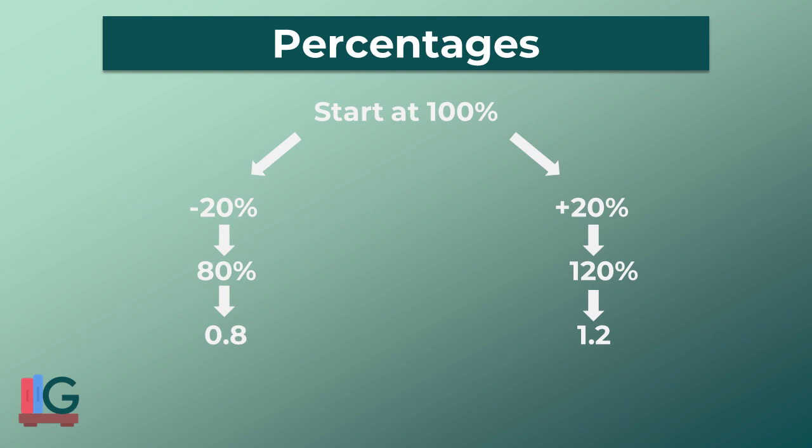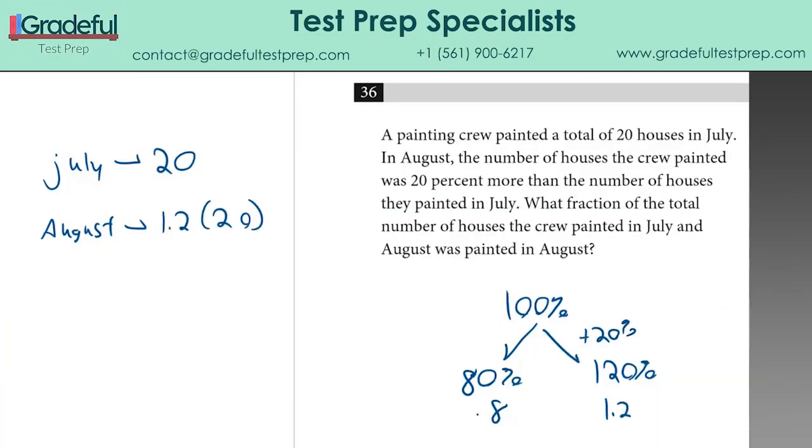If I added 20, I would get to 120. If I took away 20, I would get to 80. And you put them both in decimal form, and you get 1.2 or 0.8. So if I add 20% to something, it's the same as multiplying it by 1.2. And if I take away 20% from the same thing, it's like multiplying it by 0.8. So we multiplied it by 1.2, and we get 24 for that.